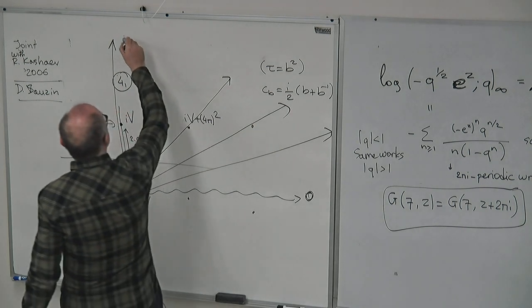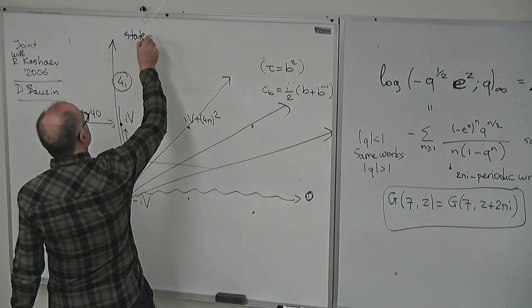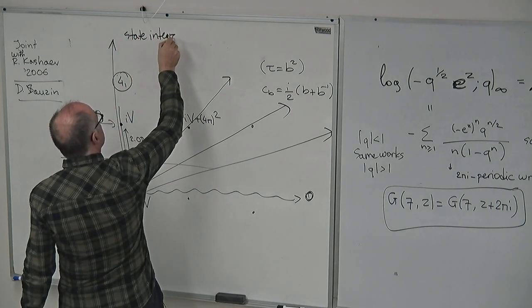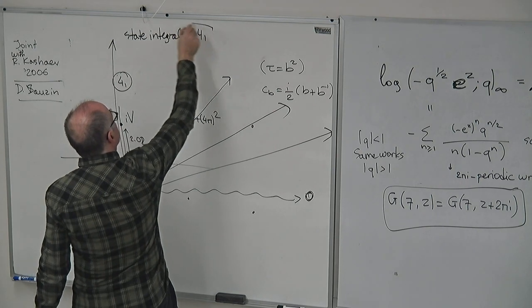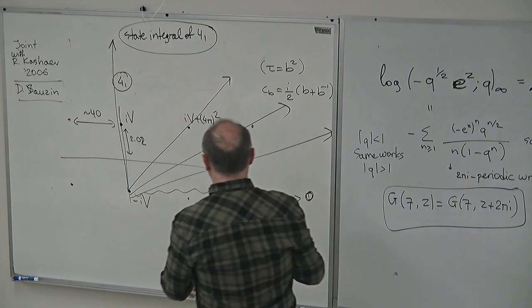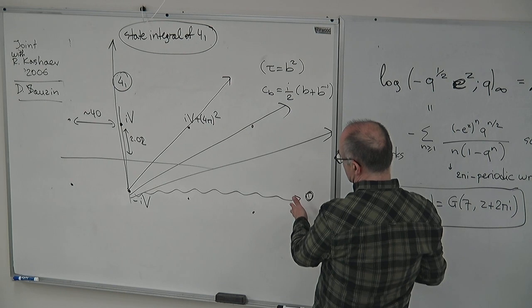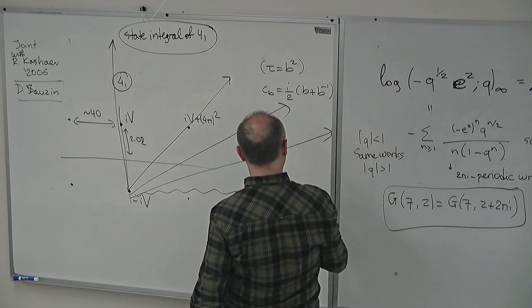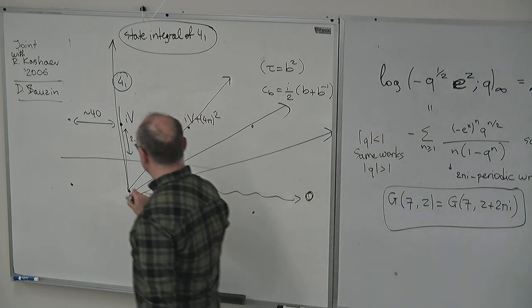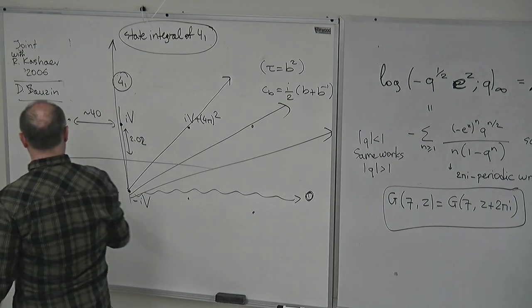Okay, so here is where the state integral lives. And here are where the functions that Don Zagier and I studied live. They live here for the figure 8 and there.